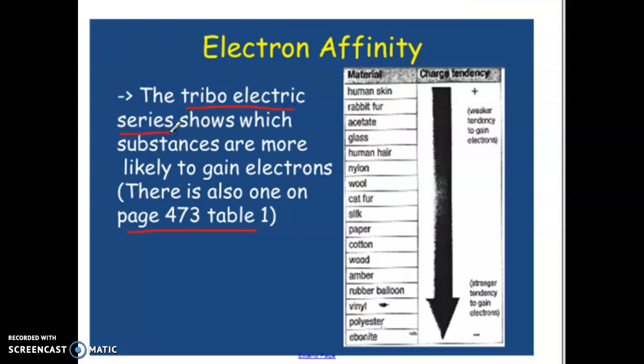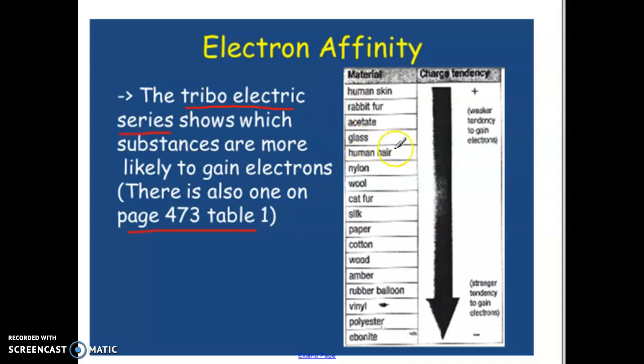Okay, so this is an electron affinity chart, or sometimes it's also called a triboelectric series chart. Now how this works is you have a whole bunch of different types of materials that are listed here. And the order that they are in is very important. The materials listed closest to the top are the ones that have the lowest electron affinity.